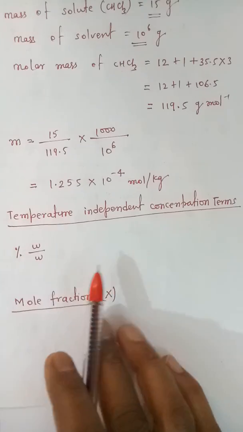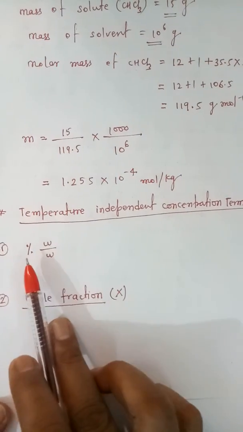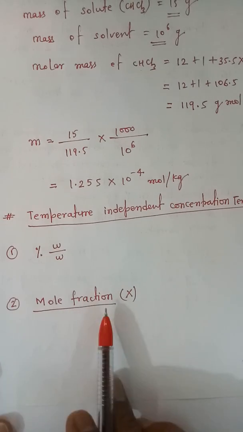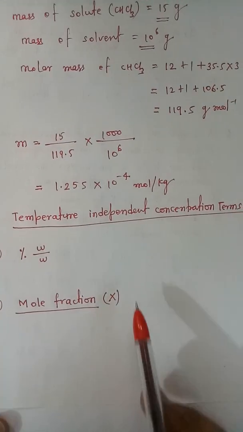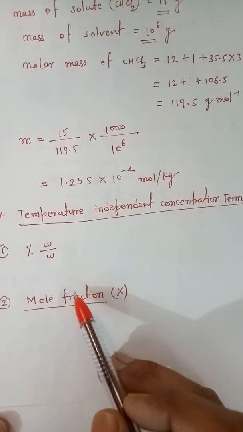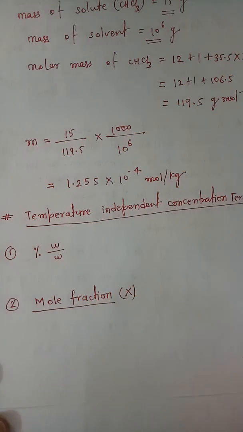Now I will talk about temperature independent concentration terms like percent weight by weight and mole fraction, and next I will talk about molality. These are concentration terms which are independent of temperature, because they involve mass, and mass does not depend upon temperature.